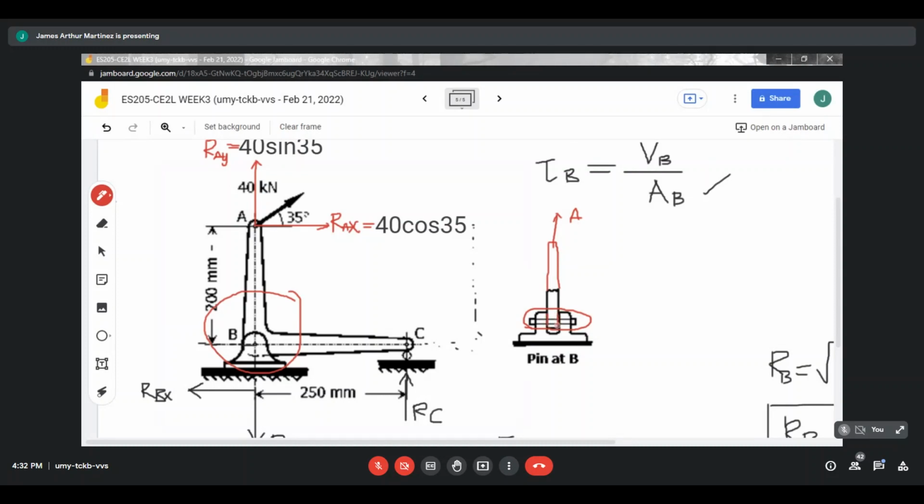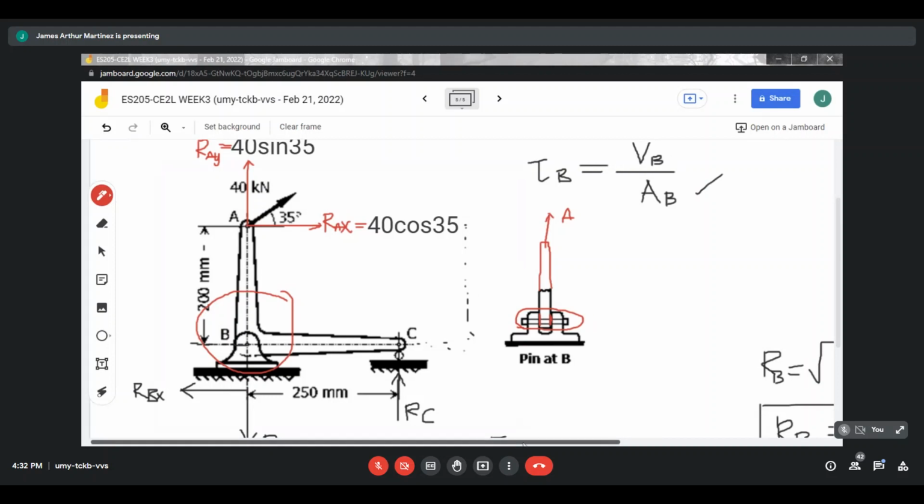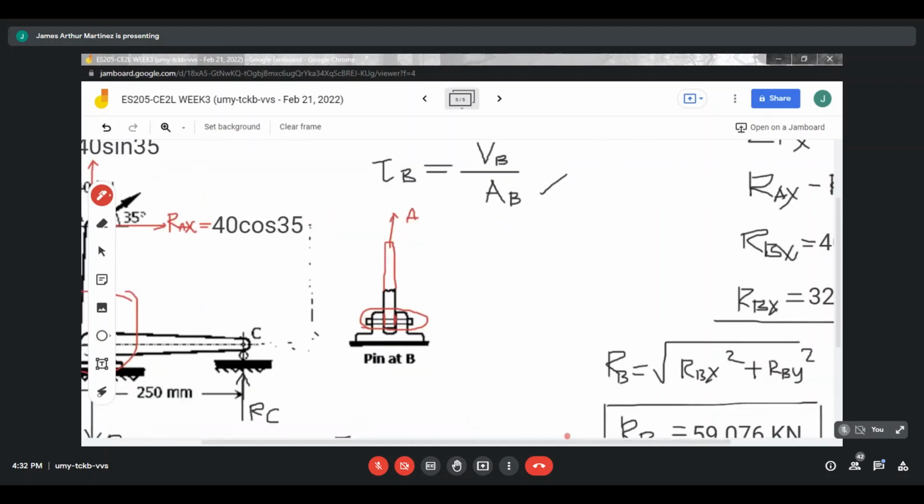So there are two parts, so this is a case of double shear. So two areas, or two parts of your bolt, are affected.